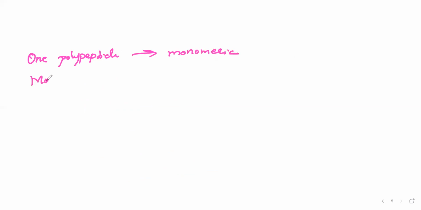And if there are more polypeptides, meaning more than one, then it is called oligomeric. Oligomeric means what? These peptides are called as what? Protomers.